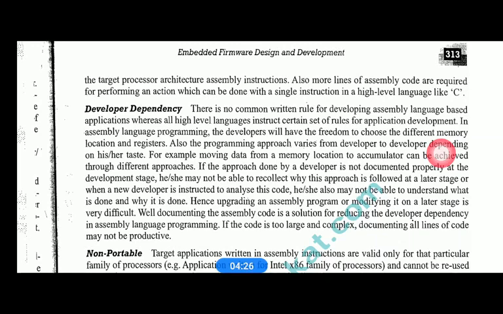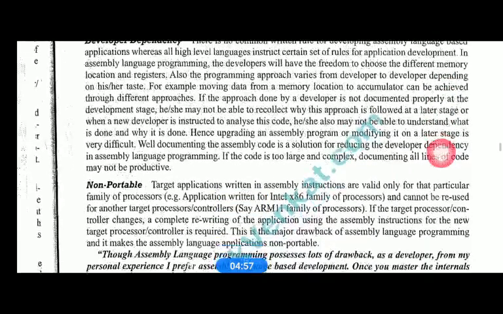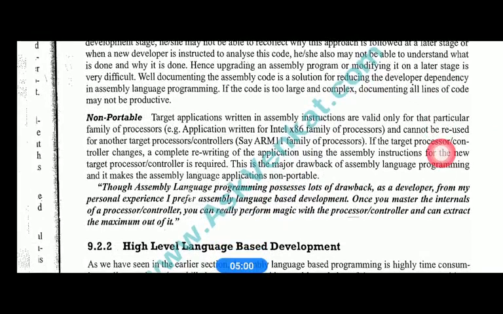You cannot use that assembly code for some other microcontroller designed by some other company. Whatever program you write in assembly for the 8051 microcontroller, you cannot utilize the same assembly program for the 8086, ARM, or some other controller, because each and every one has its own separate assembly level language and set of rules.